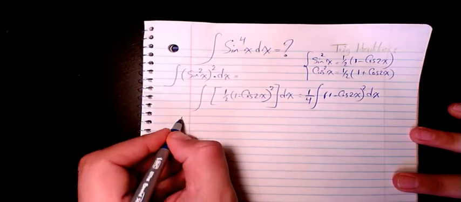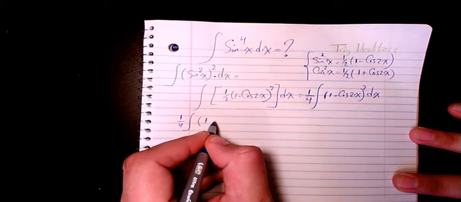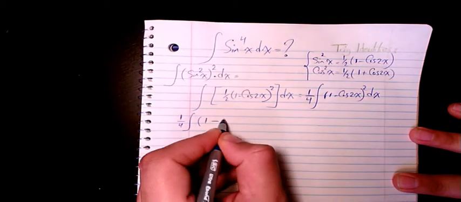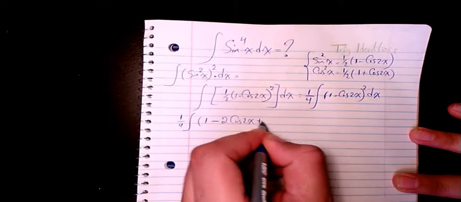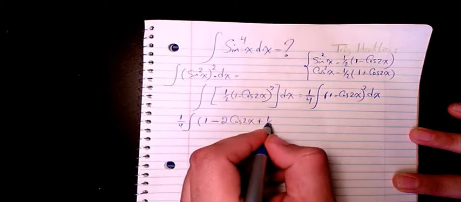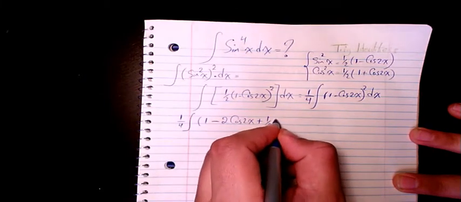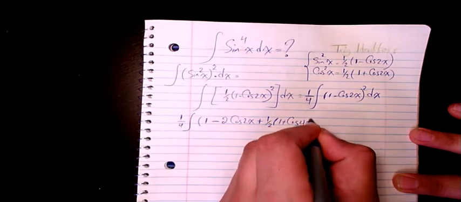Then what I can do, I can expand this expression. It will be 1 minus 2 cosine 2x plus 1 over 2 times 1 plus cosine 4x.